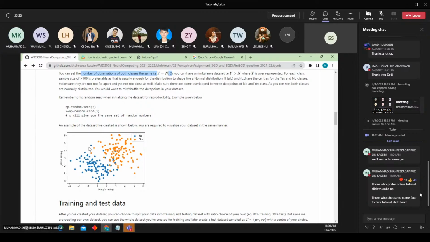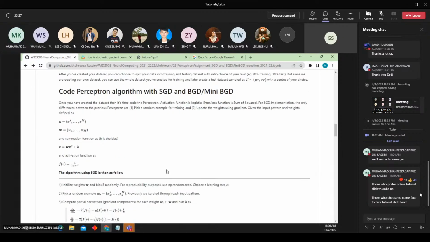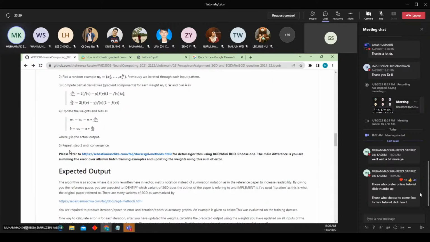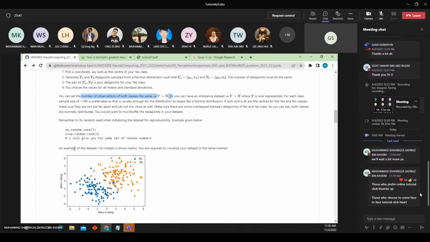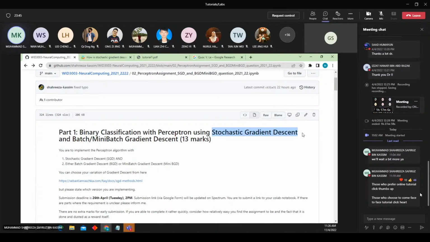Now, there is a difference between the gradient descent variants. Stochastic gradient descent is compulsory; you have to do it. For the other part, you either choose batch gradient descent or mini-batch gradient descent.